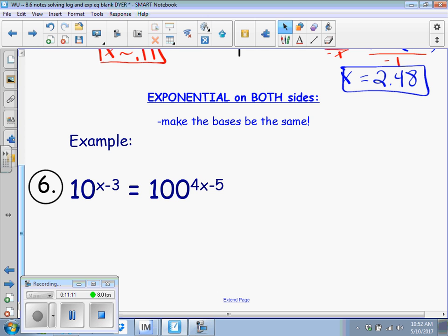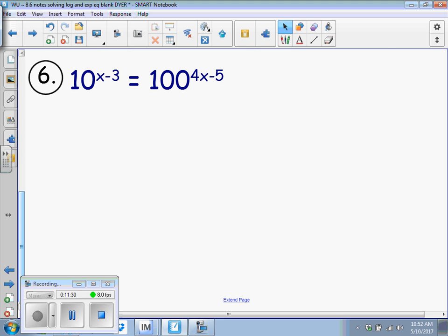So 100 can be rewritten as what to the what power? 10 to the second power. Okay? Sometimes you have to manipulate both sides to be the same base. And so, since I can rewrite 100 as 10 to the second power, that is what I need to do first. So this is still 10 to the x minus 3 equals, now that's by itself.